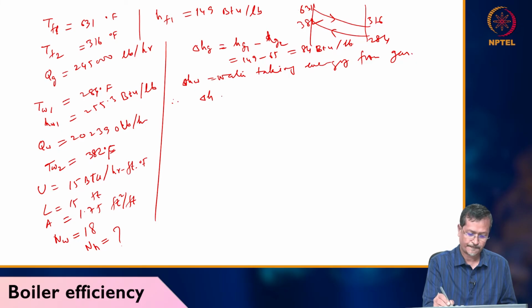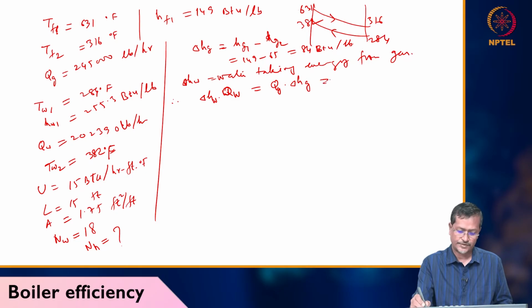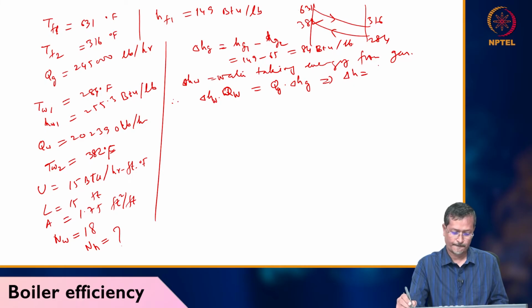Now I can do the energy balance. Del H water into QW equals del H gas into QG. Okay, now this will be giving del H water equals del HG into QG by QW.